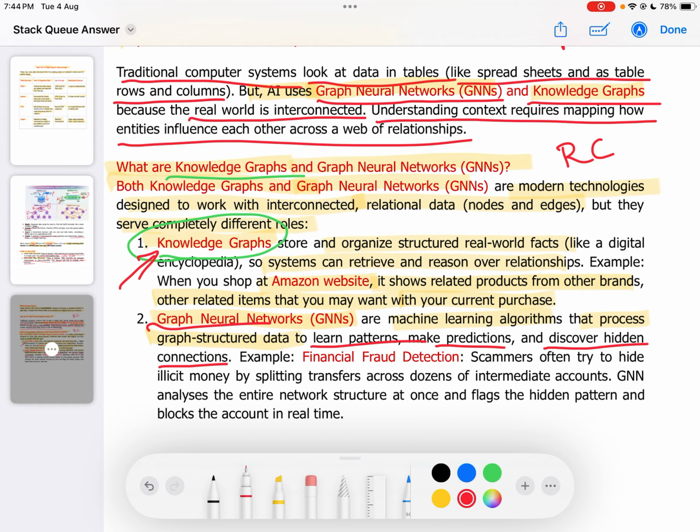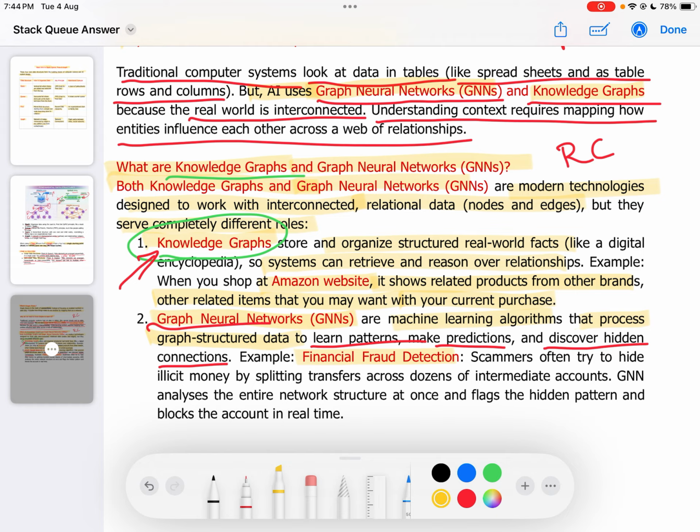Now let's look at an example, it will become easy for you. What is an example of a GNN? Financial fraud detection. We have all heard a lot about bank money being hacked from mobile and taken from the account. Globally, they are implementing GNN AI in banking systems.